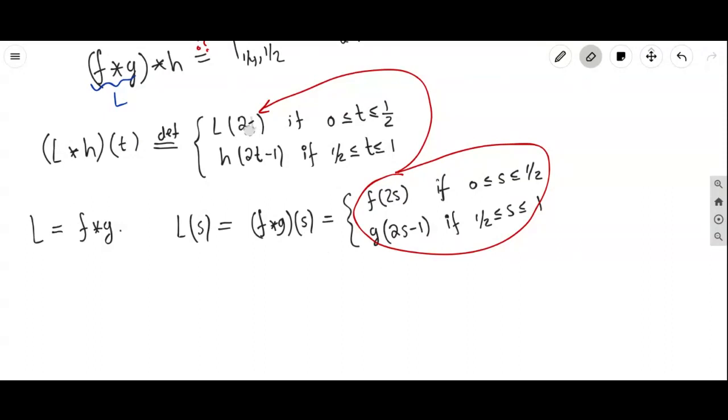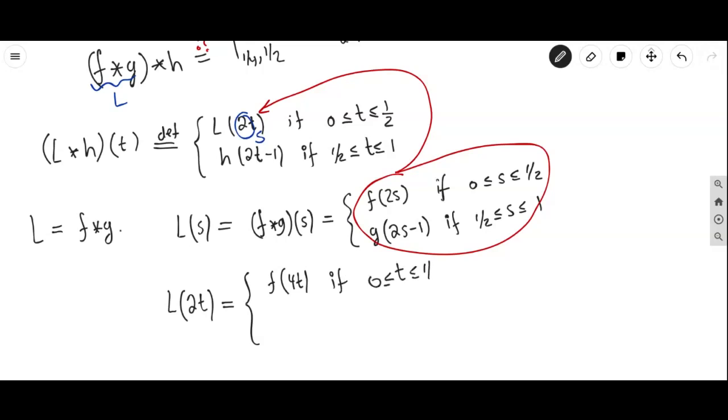L of 2t. So it depends on what this 2t is. Basically, you think of 2t as s. So L of s is, you double it, right? So L of 2t would be, so it's F of 2s, so you double it, so it would be F of 4t, and this is if t is between 0 and, it has to go up to 1/4 now.